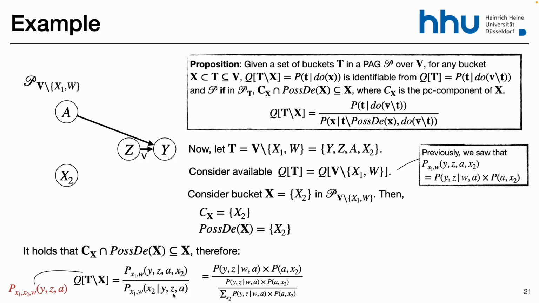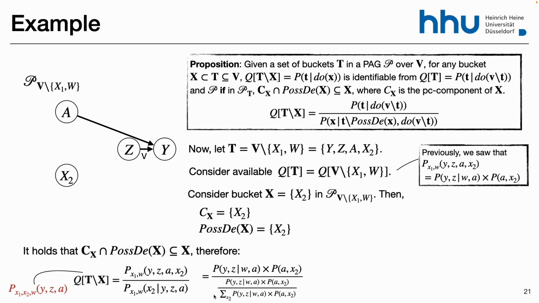I just get the joint in the numerator, and I need to marginalize the variables that are not conditioning in the denominator. So here I want the probability of x2 given y, z, and a. In the numerator I have the joint, which is over x2, y, z, and a, and in the denominator I have the probability of y, z, and a, so I just need to marginalize over x2.